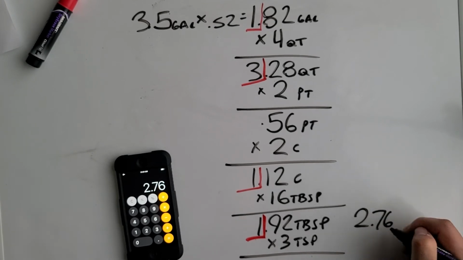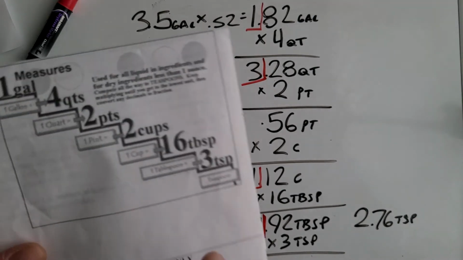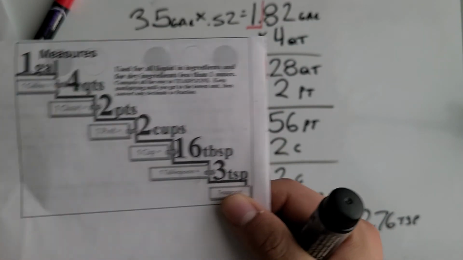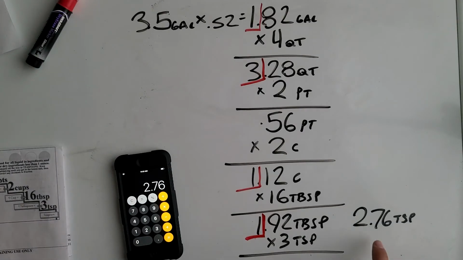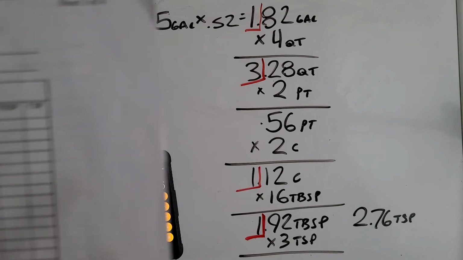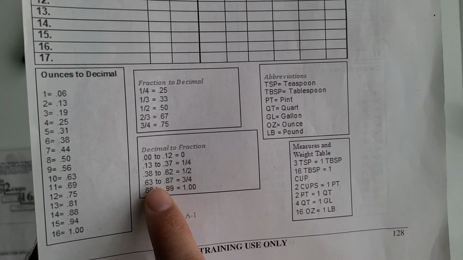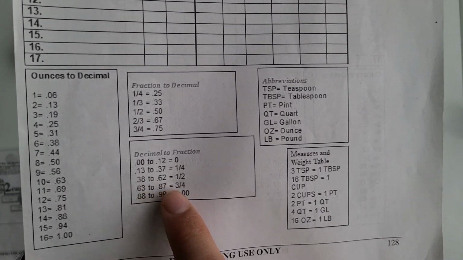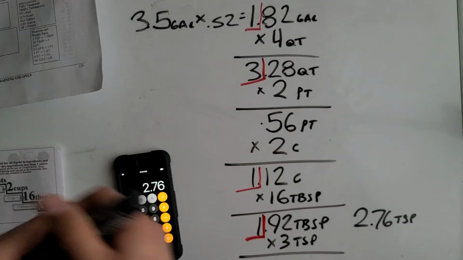That gives 2.76 teaspoons. Now that we're at our lowest unit, teaspoons, we can't go any further down. So that's when we go to our decimal to fraction chart to determine where this decimal falls in between. 0.76 falls in between this one right here, so it ends up being 3/4.